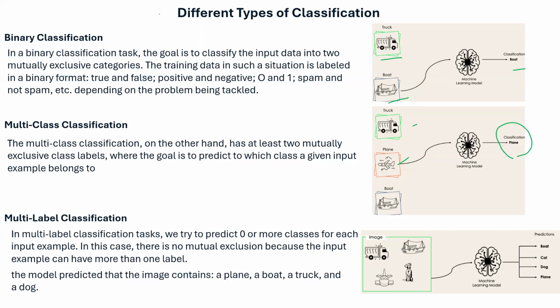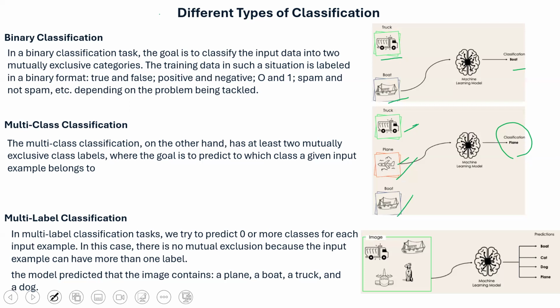Class is nothing but each label. Truck is one kind of label, plane is another class, boat is another class. So even if you have five different vehicles in the data, it can easily differentiate. It differentiates n number of classes as output.